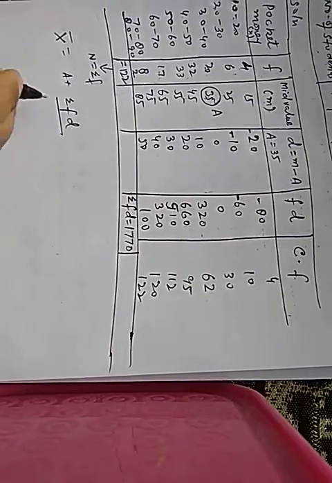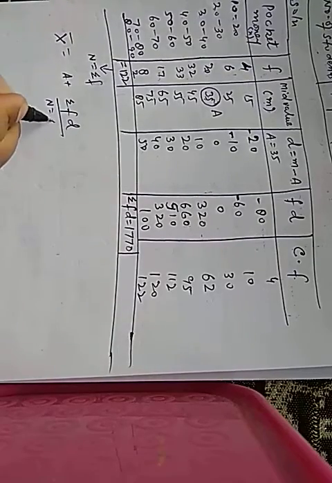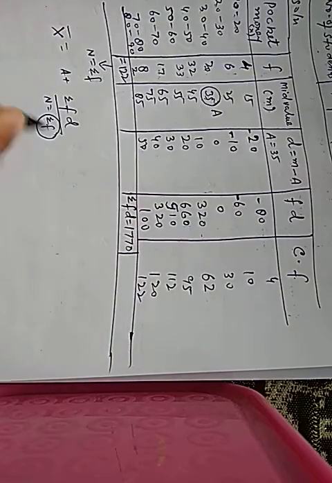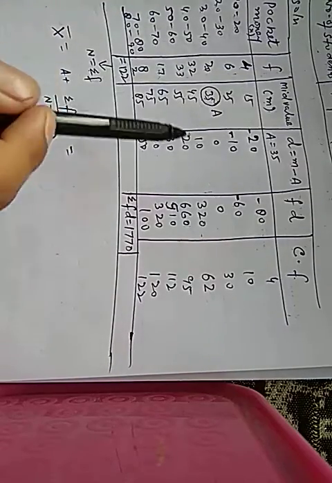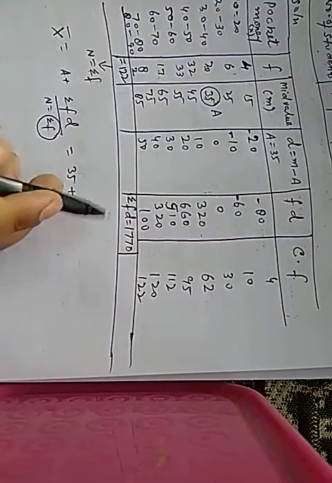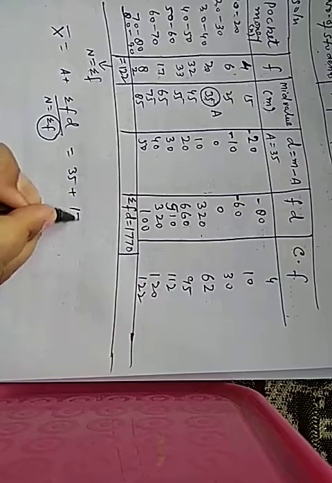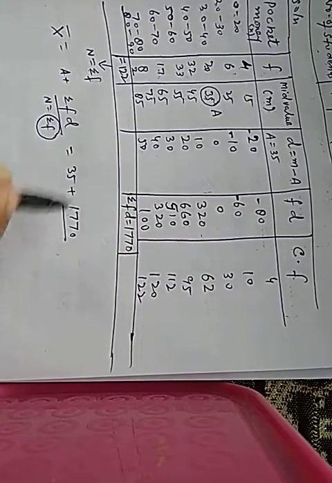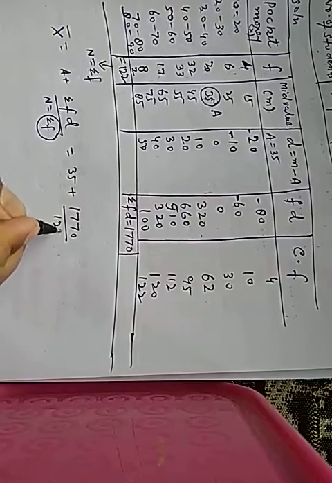X bar is equal to A plus sigma FD divided by N, where N is equal to sigma F. It will be equal to the assumed mean 35 plus sigma FD, 1770, divided by 122.